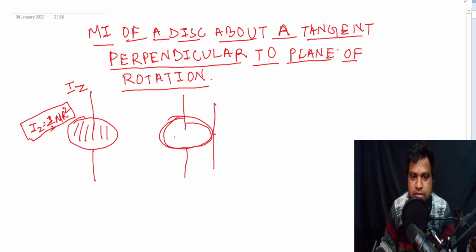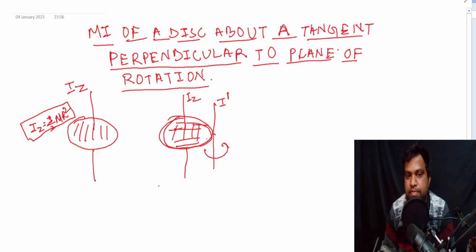That means this disk will rotate like this about this axis. Let's say we'll find the moment of inertia I dash here about this axis. This is Iz, moment of inertia about an axis perpendicular to the plane, and it is known to us.